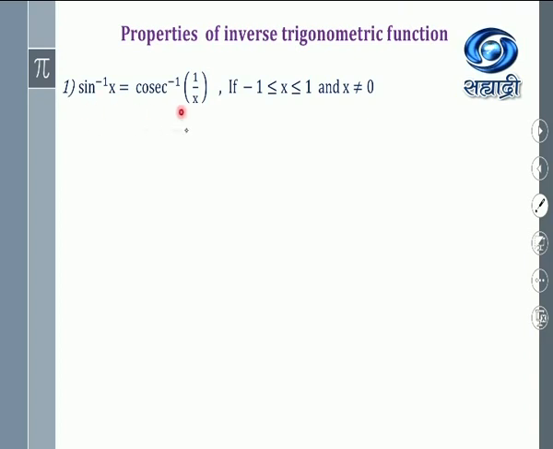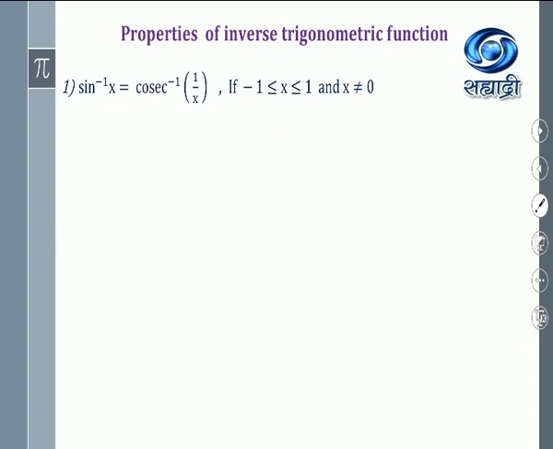Sine inverse x is equal to cosec inverse 1 upon x. Important condition is what? x is less than or equal to 1, greater than or equal to -1, and x is not equal to 0. The proofs we are not interested, but if you are interested, go through the lines which are given in the textbook.